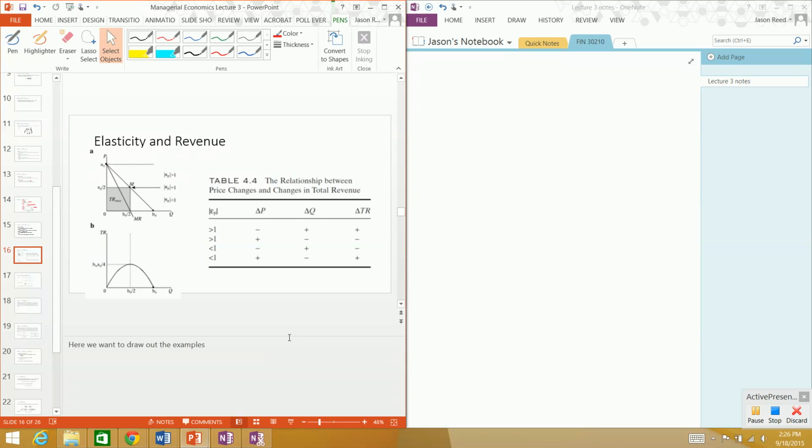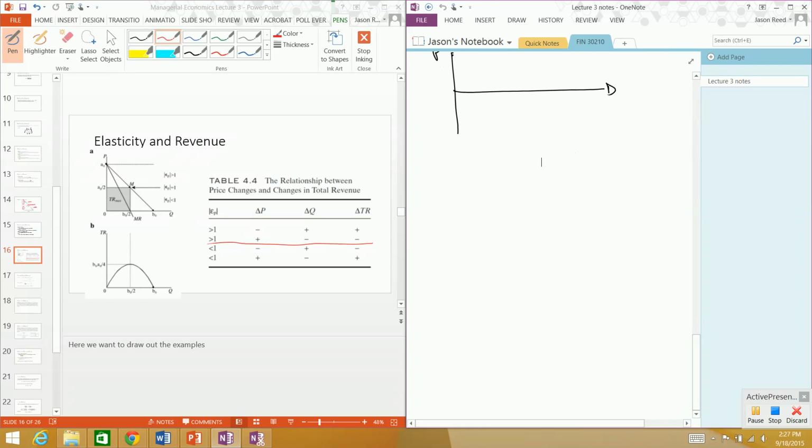So how do we use these relationships? In class, we divided this out, and I want to make sure that we're clear here in creating this connection. When we're looking at the connection between total revenue and elasticity, we might want to start with the total revenue function.